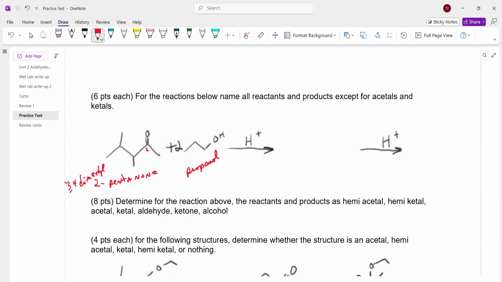So the first thing you get is a hemiketal, since this is a ketone, and then it would go to a ketal. So a 5-carbon backbone.